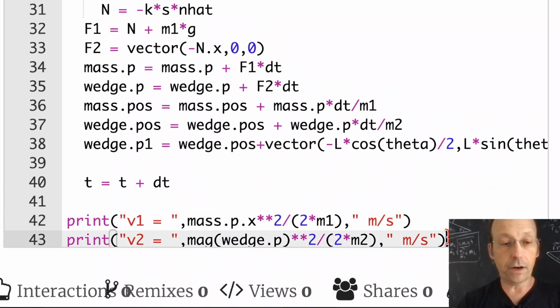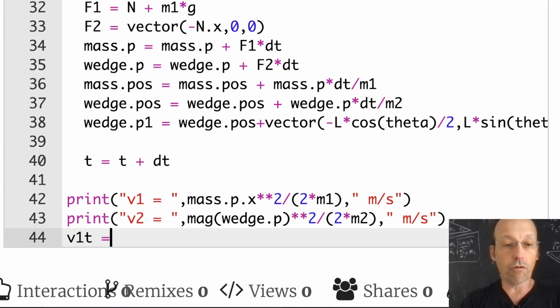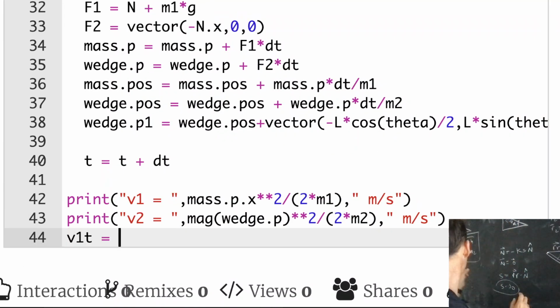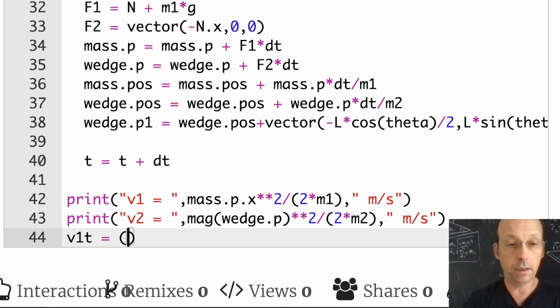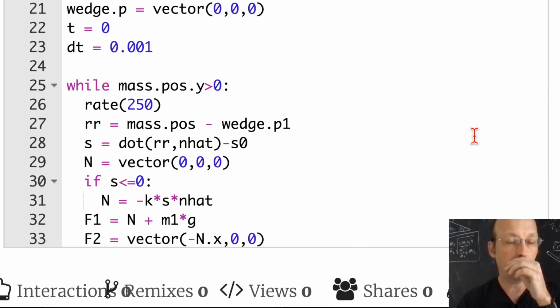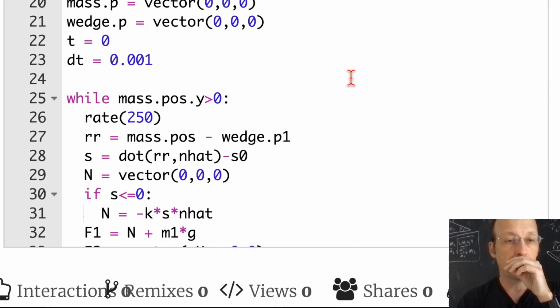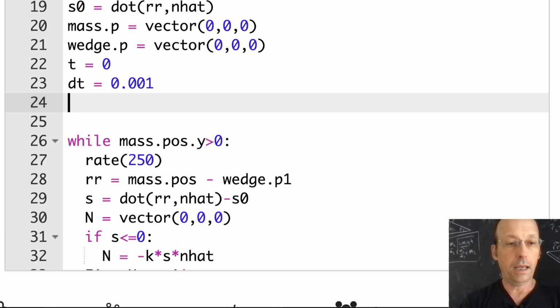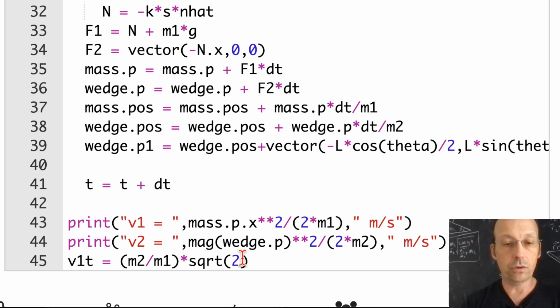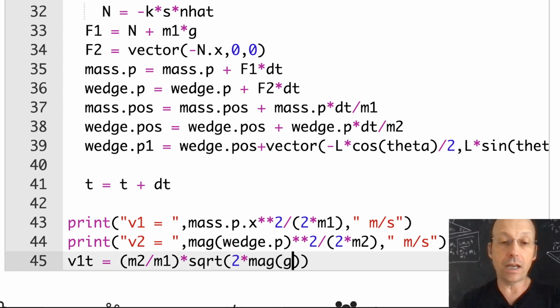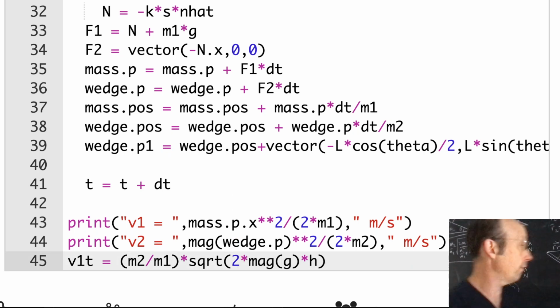Now let's print the theoretical for V1. So let's calculate that as V1 theoretical. Looking at my equation right here, it's going to be m2 divided by m1 times the square root of, oh, I don't have h. So let's say h is mass.pos.y, I think. 2 times mag g, g was my vector, so I have to take the magnitude of it.